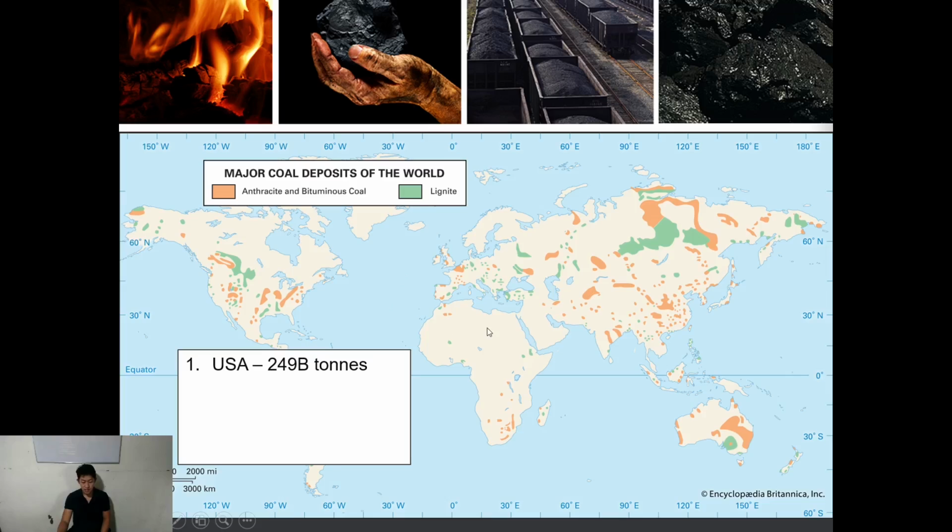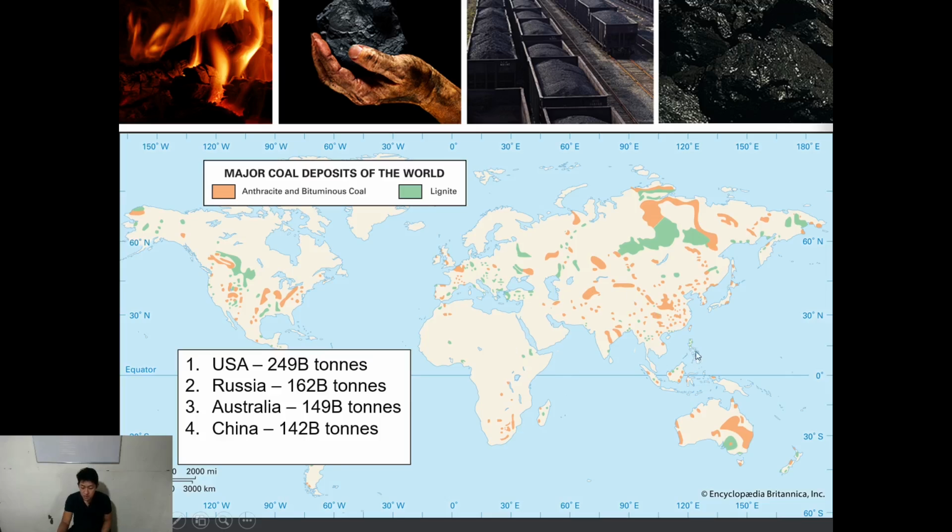So the next is Russia. Russia is this one, and it has a lot of reserves. Third is Australia, with 149 billion tons. So this is Australia, which has a lot of coal. Fourth is China.